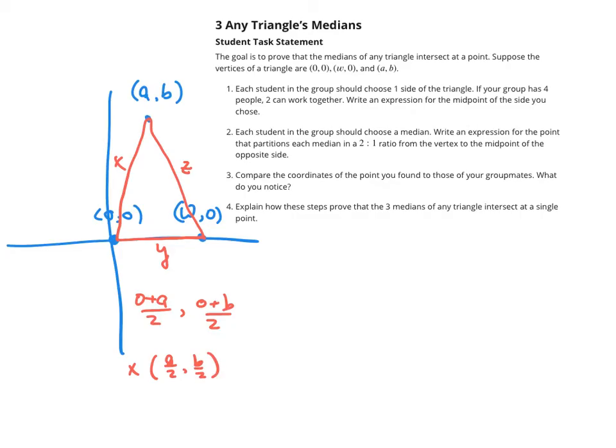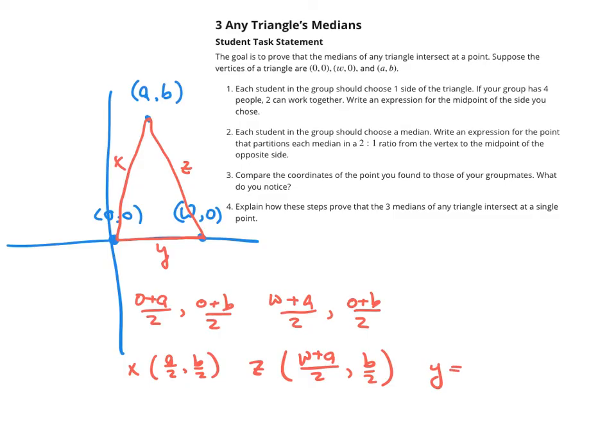Okay, side Z, we'd add the X's, W plus A over 2, and 0 plus B over 2. So my Z would be W plus A over 2 and B over 2. And then side Y is the same.